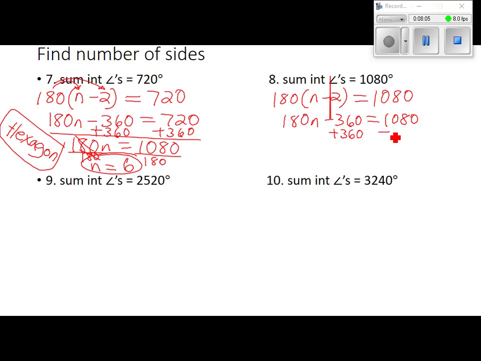You guys just want me to solve it because you're all doing it on your own instead of watching me? That'd be easier. 180n equals, somebody help me out there, I can add that in my head. 1440, thank you. Divide both sides by 180.